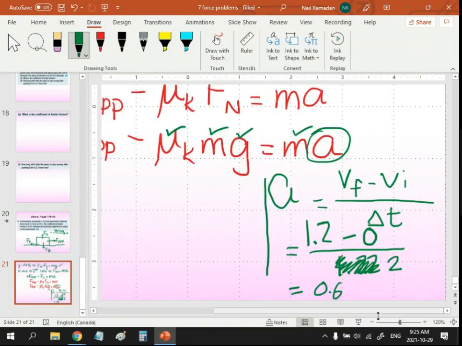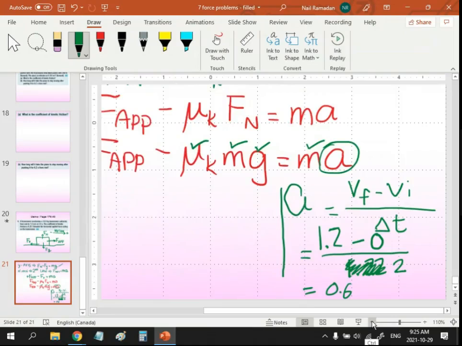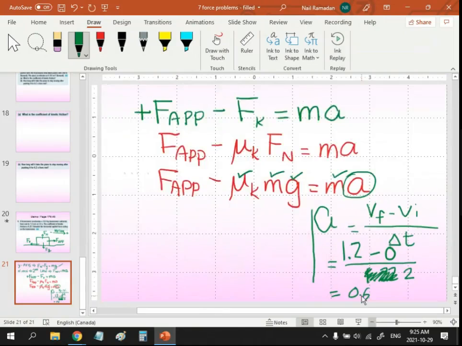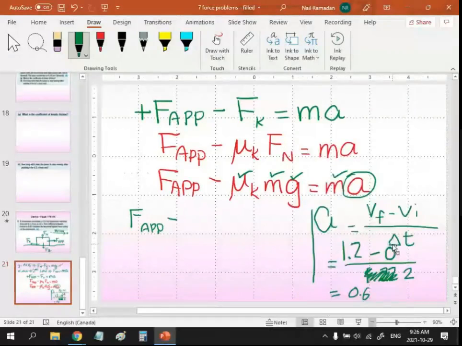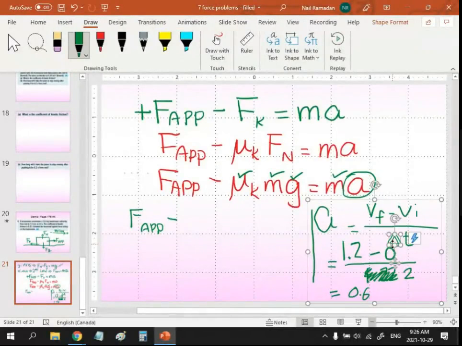So let's do this real quick. F applied equals, sorry, minus. I just want to show of hand here. How many people would rather arrange the equation first and then plug in? How many people would plug in and then rearrange?